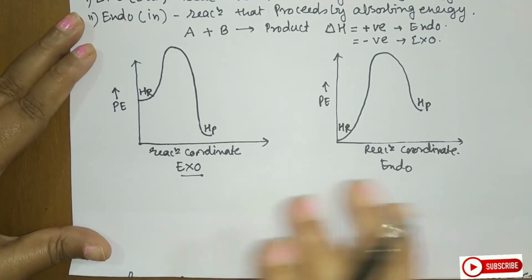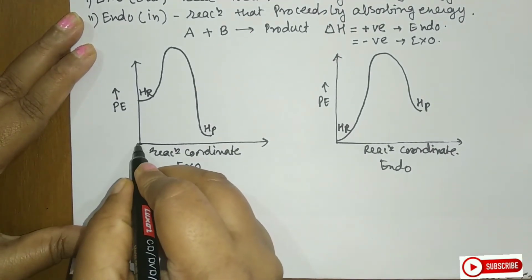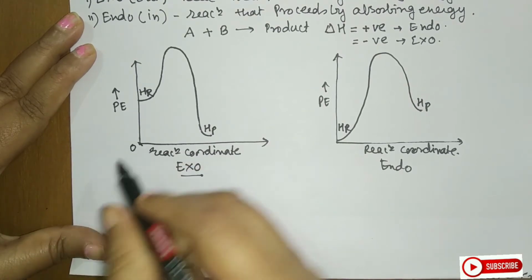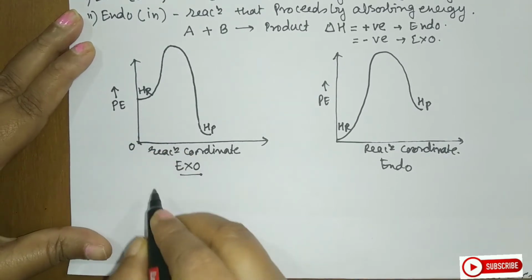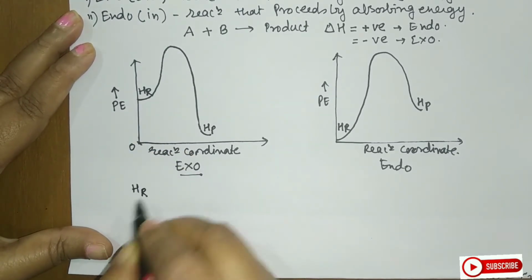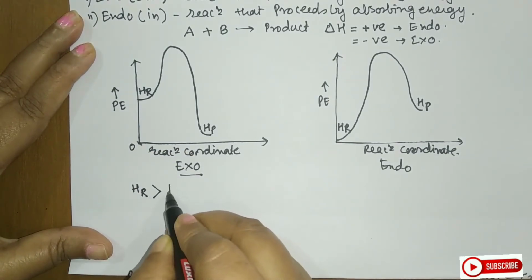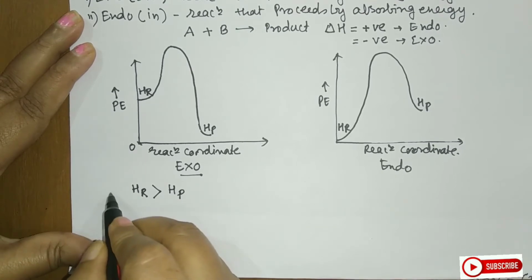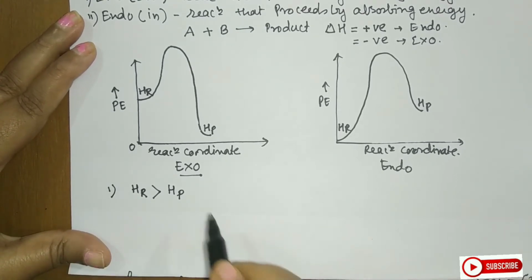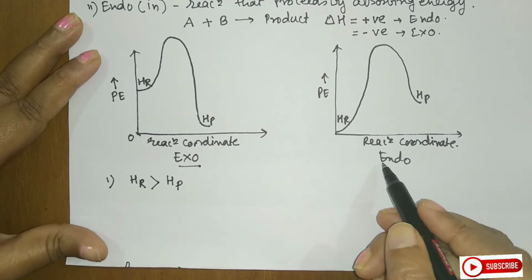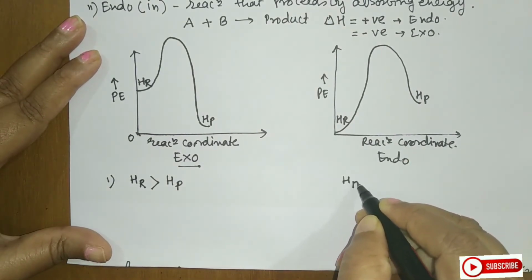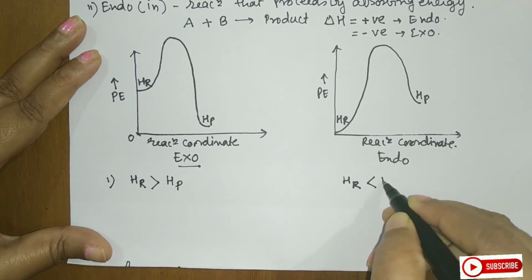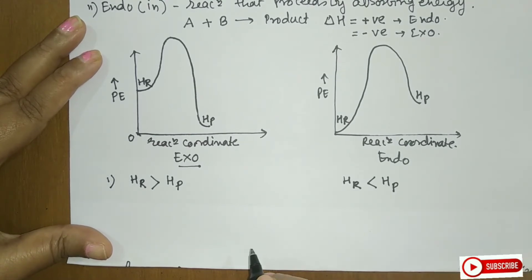Now, to understand the graph, this is the beginning point, that is 0. As I move up, the value must be higher. So here, the enthalpy of the reactant is more than the enthalpy of the product. This can be the first point of difference between exo and endo. In the endothermic graph, the enthalpy of the reactant is less than the enthalpy of the product.